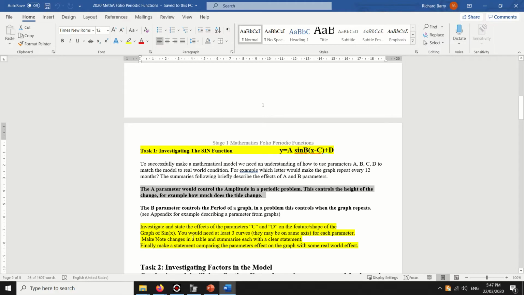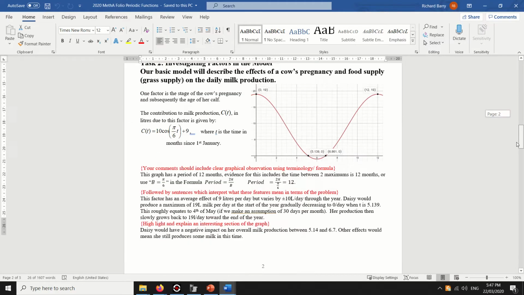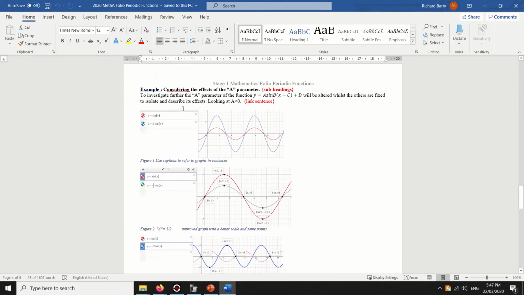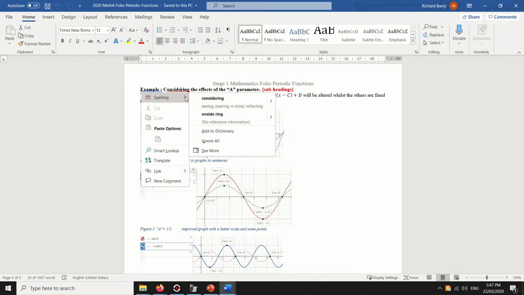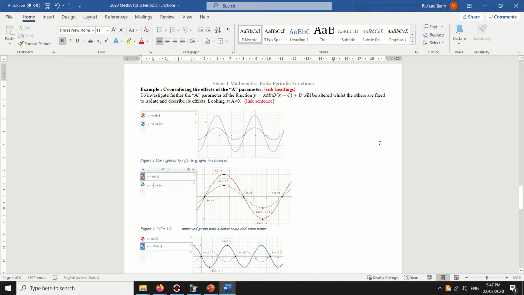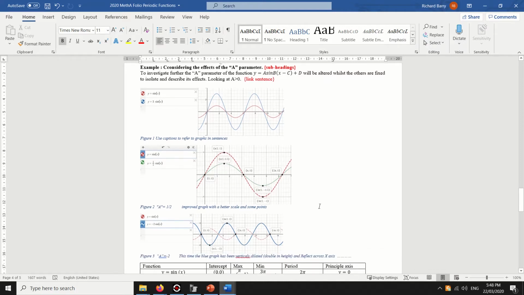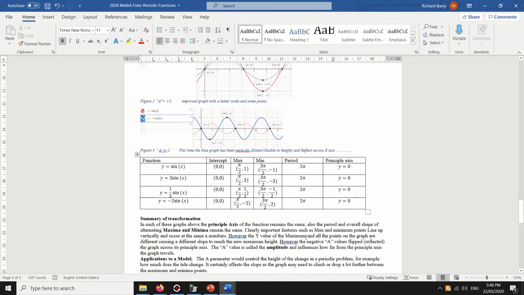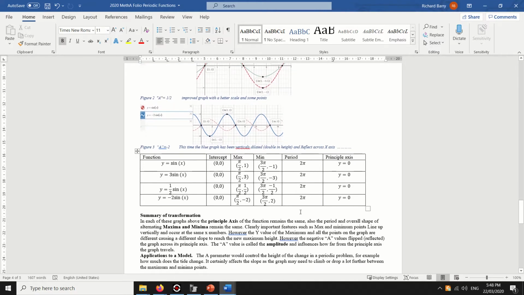Here I have included at the end of the folio project 2 different examples of how you might go about that. This example has 2 or 3 graphs, collects all the information at the end, and then discusses the information. When you're looking here, it's very easy to see what has changed. Period has not changed. The minimum is at different heights, but occurs at the same time.